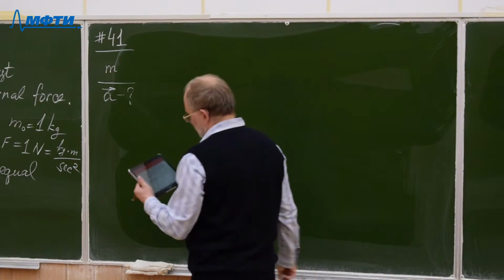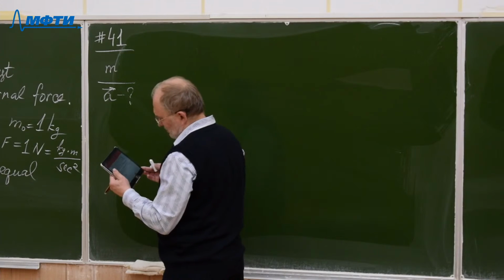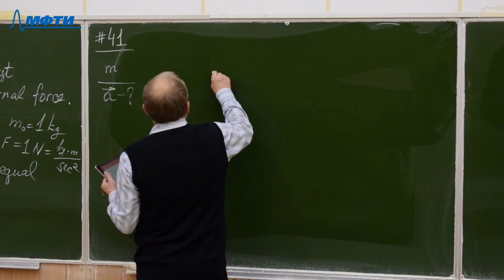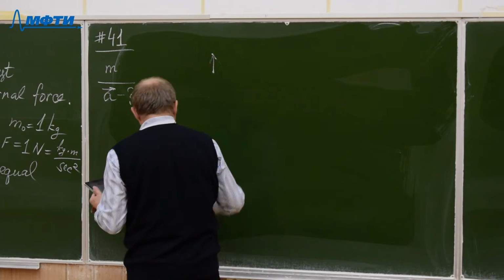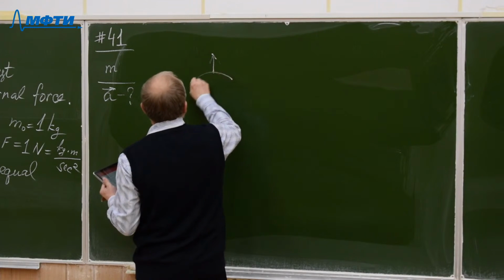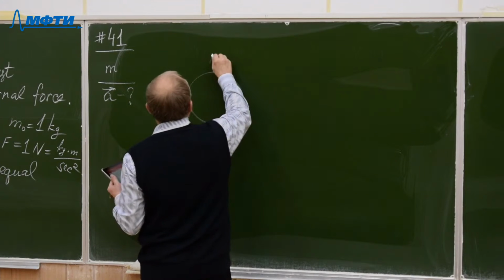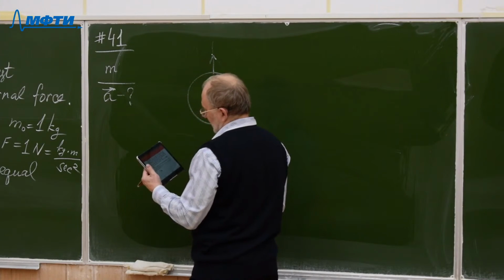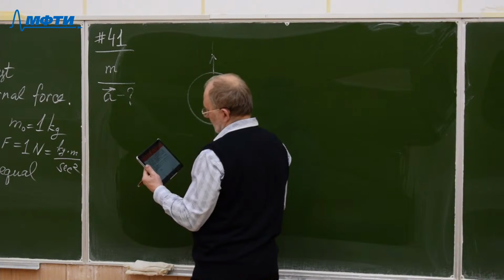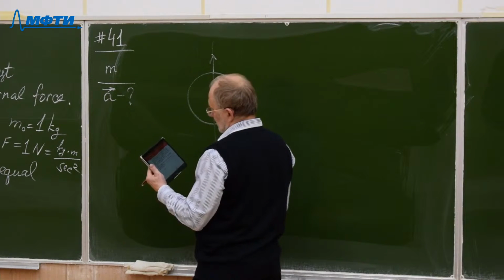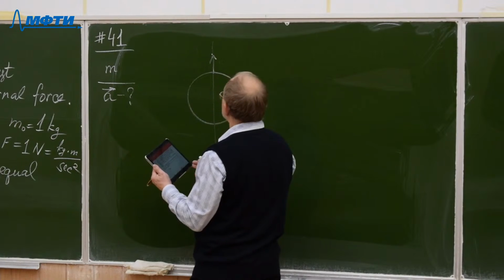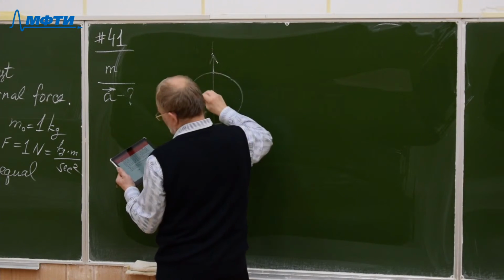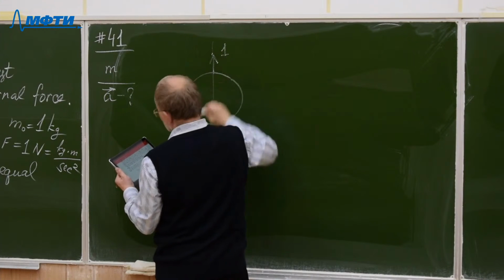So what does it say about the forces? There are 6 forces. So there is a sphere and 6 forces acting at angles of 60 degrees relative to one another. So this is force number 1, which is 1 kilogram force.